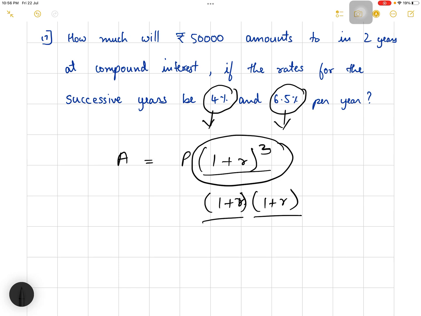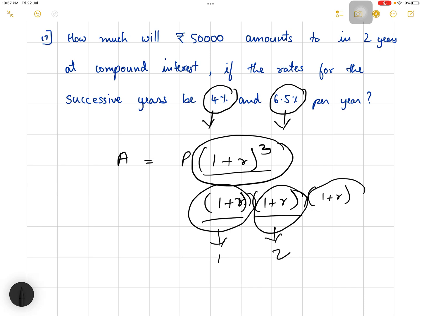If I write raised to 3, it is 1 plus R into 1 plus R into 1 plus R. The first 1 plus R is for year 1, the second for year 2, the third for year 3. So if my rate of interest is changing, that many brackets I have to put.